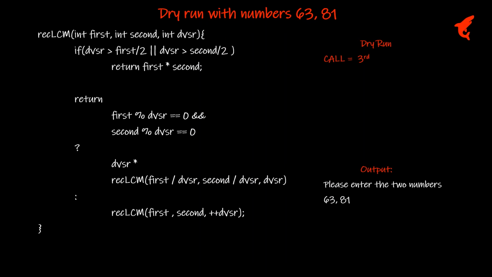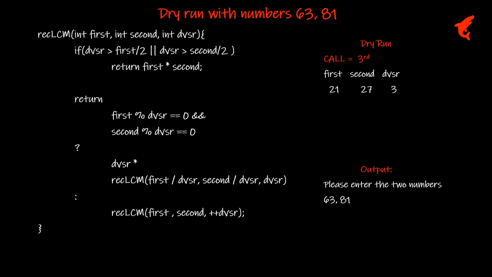In this case the values will be 21, 27 and 3. Why? 63 by 3, 81 by 3 and the same value of DVSR. Those are going to be our values for the first, second and DVSR parameters.